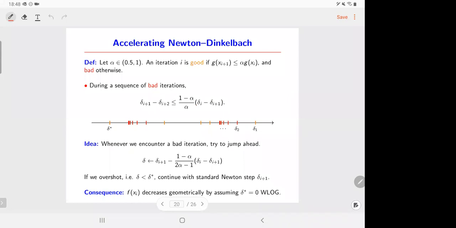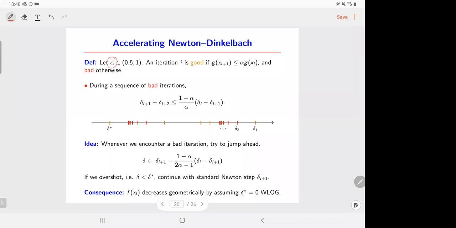Right. So how can we use this insight to accelerate Newton's method? For analyzing Newton's method, it is helpful to divide iterations into two types based on whether the gradient drops by a lot or not.